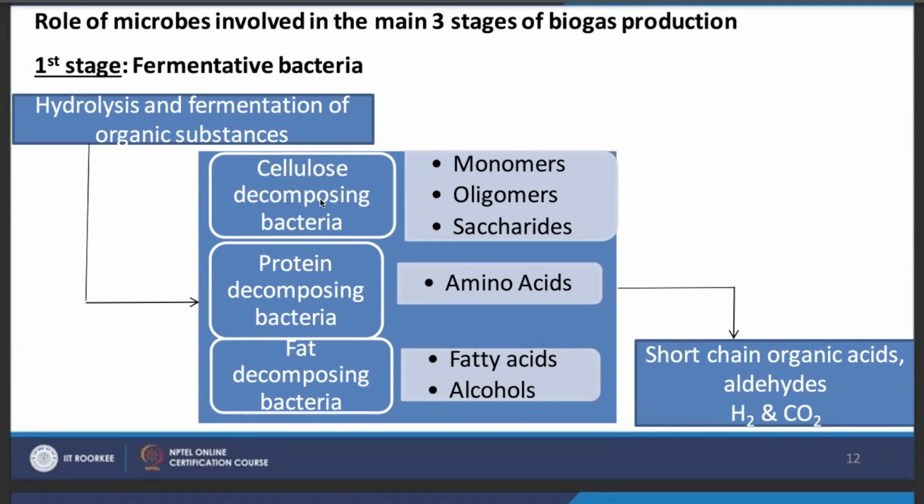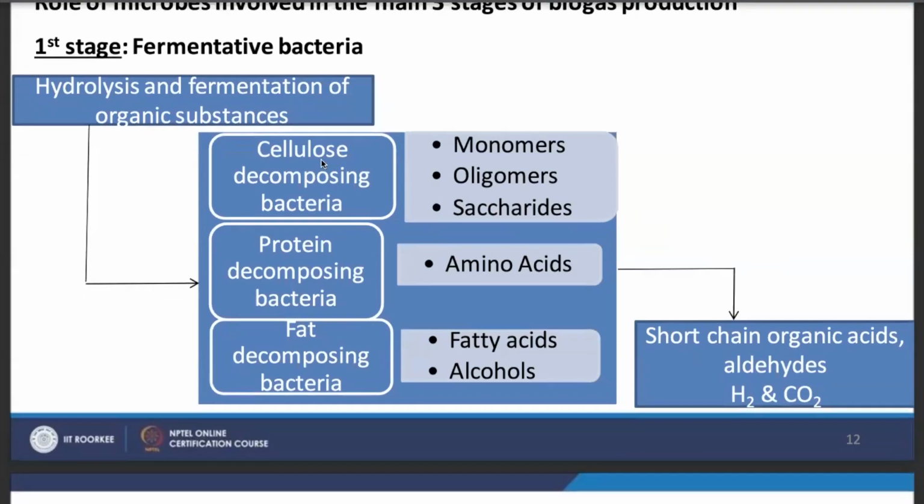Cellulose is a carbohydrate, and there are also protein decomposing bacteria and fat decomposing bacteria. If you decompose cellulose or carbohydrate, you are going to get monomers, oligomers, or saccharides. Saccharides are sugars. Monomers and oligomers are the smaller units of carbohydrate, right? Cellulose is a complex molecule. If you break it down, you will get a monomer, and this monomer will not be able to be further metabolized or digested.